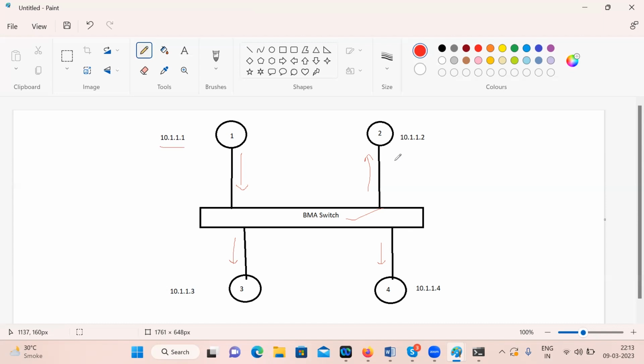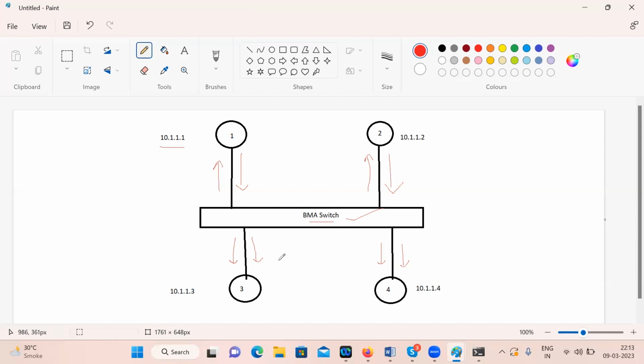Again, router 2 will send a hello packet. Who will receive it? Router 1 will receive it, because that information is getting broadcasted. They all belong to the same network and are connected on a broadcast multi-access network switch.